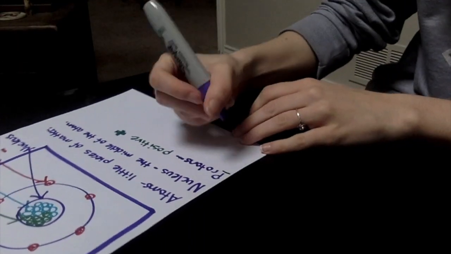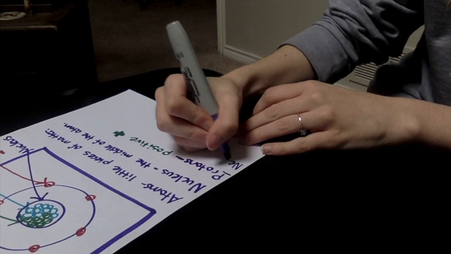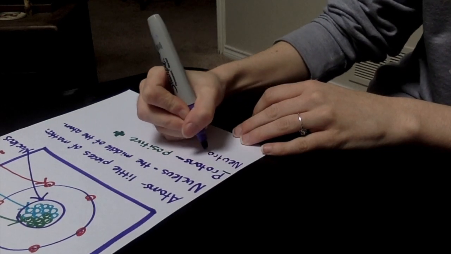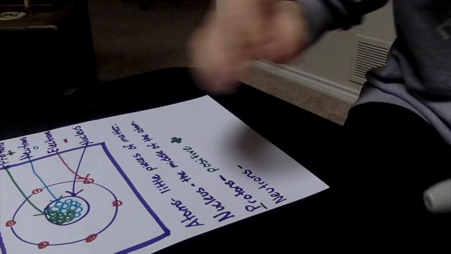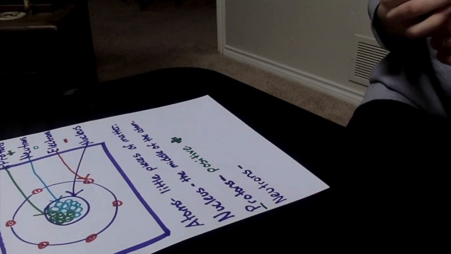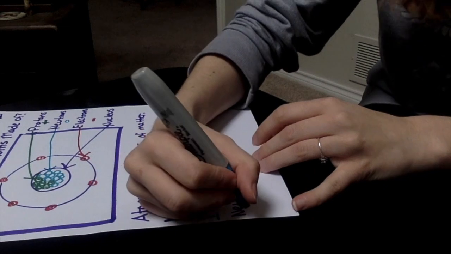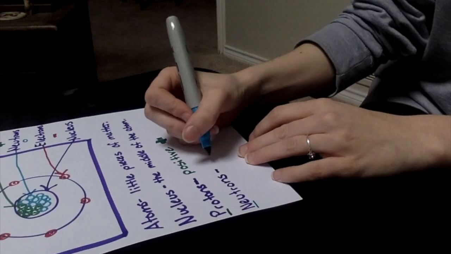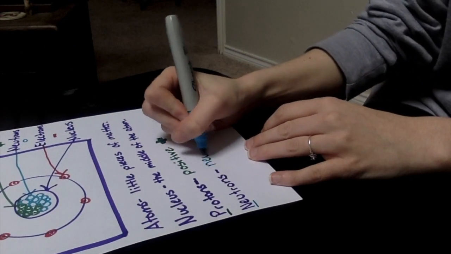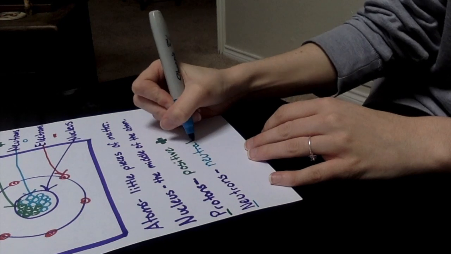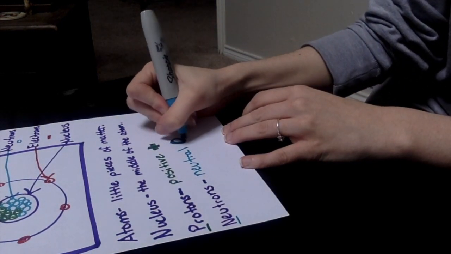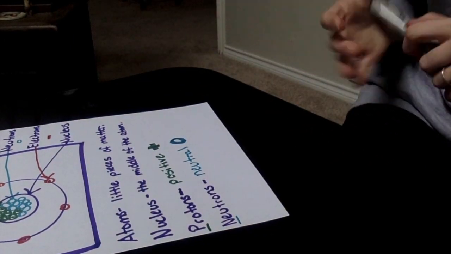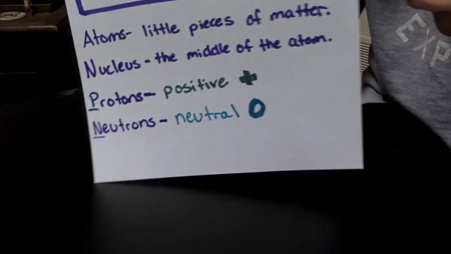What about neutrons? Neutrons are the ones that are neutral, and they start with an N for neutral. And that's because they have no charge. There's a big 0 because there's no charge.